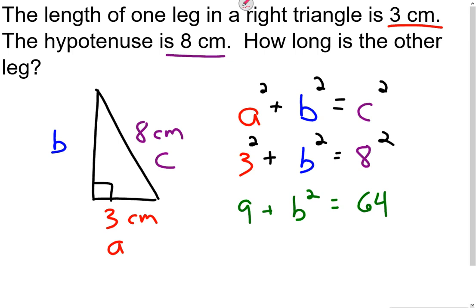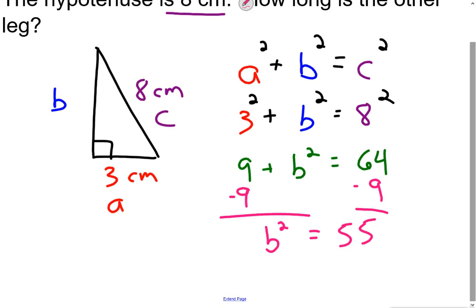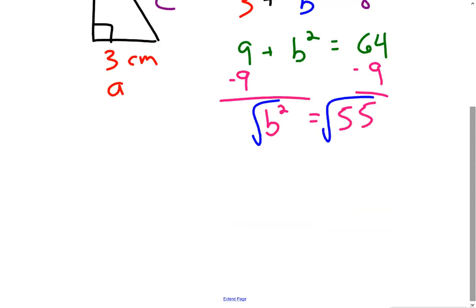Now I'm going to subtract the 9 from both sides to get the B squared all by itself. And that's going to put us at 55. And now I have to take the square root of both sides. And the square root of 55 does not come out to be an integer value.